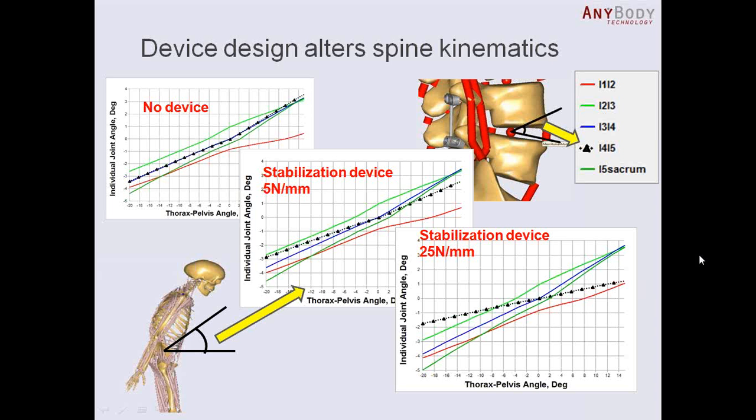And if you look closely at the other curves, you'll also see that the adjacent levels have taken up the flexion motion that was not able to occur at L4, L5. This is an important effect of dynamic stabilization, and it's the FDK feature of the model that allows an accurate representation of this behavior.